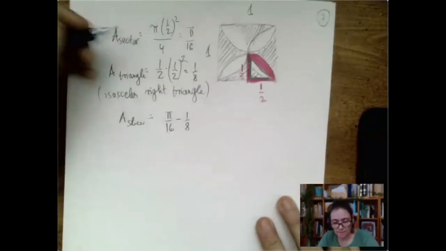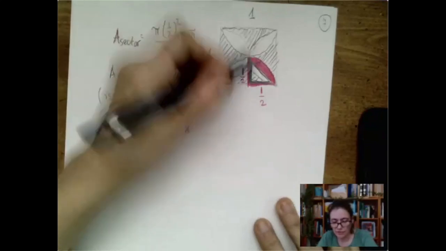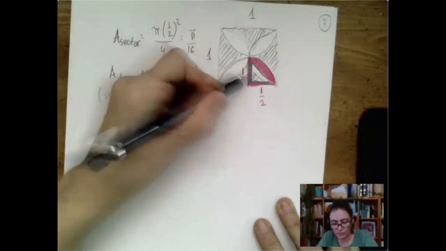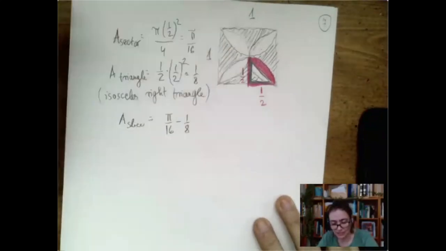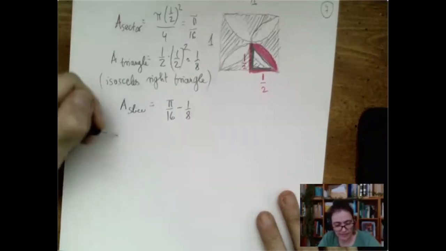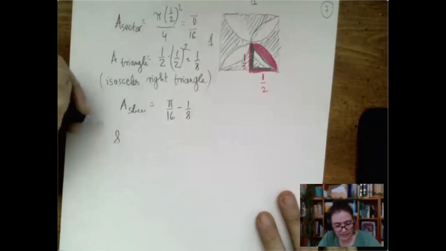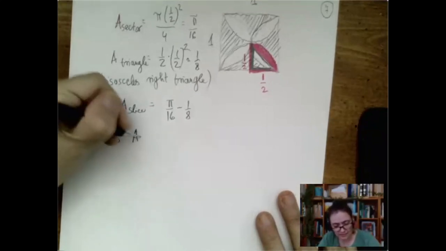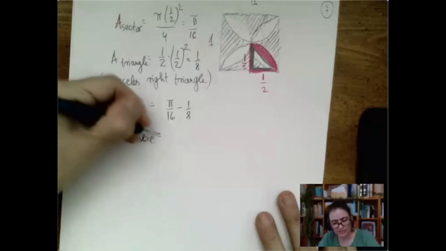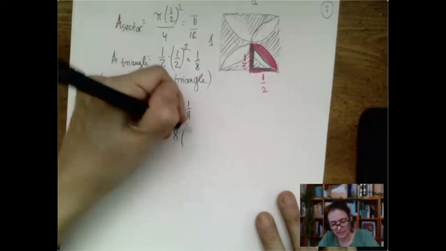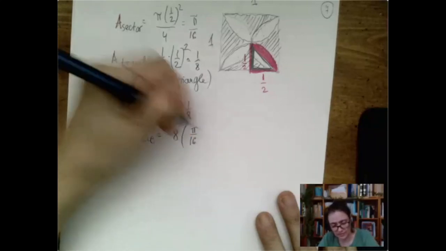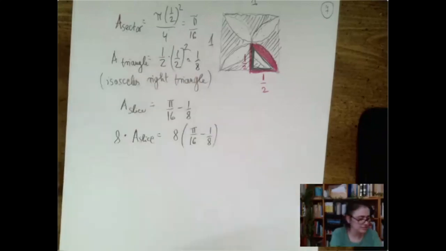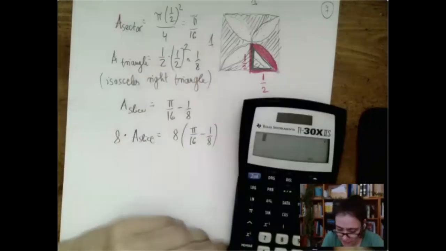And then if we want to find the white area, we have 1, 2, 3, 4, 5, 6, 7, 8 of them, right? So it's 8 times the area of that slice. Oh, that's interesting. Let's just make sure that pi over 16 minus 1/8 is positive.